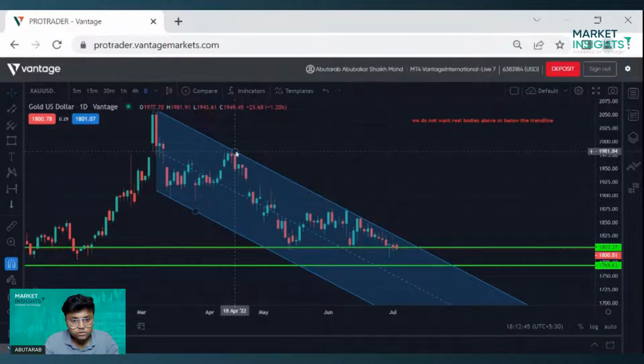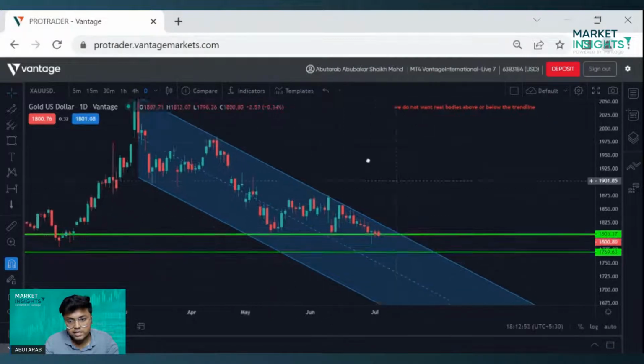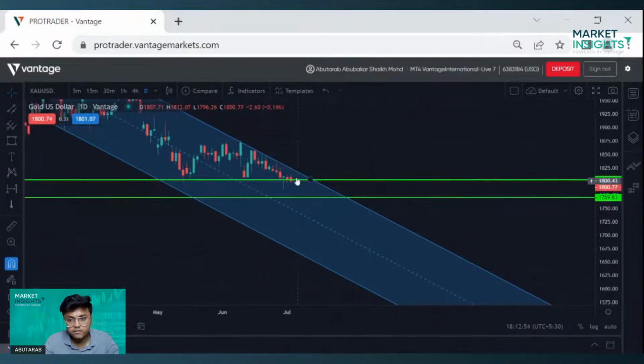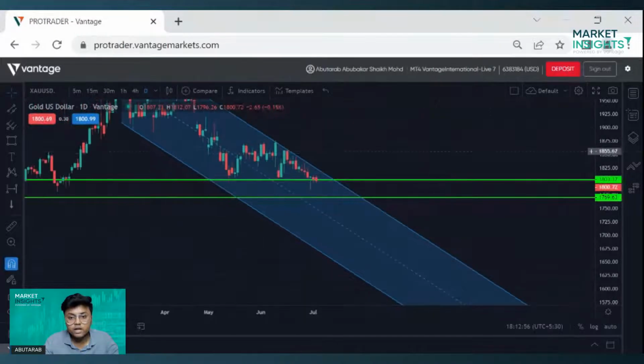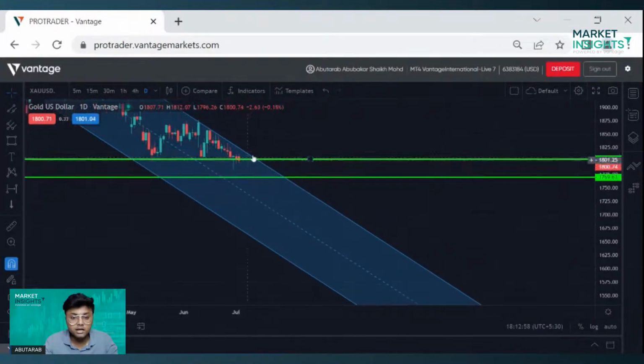So in this range, even today I can say that it will be going down. It will help me in perpetuity until the price breaks out of this parallel channel and makes any other channel or trend line or any other trend.